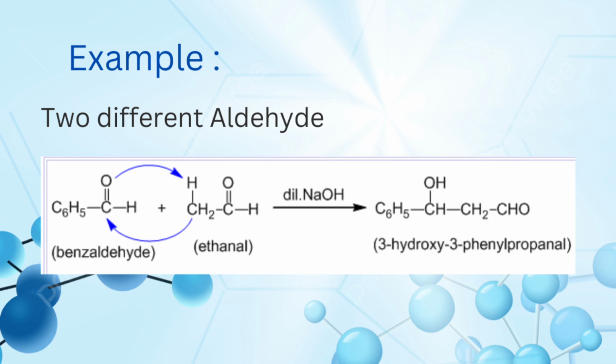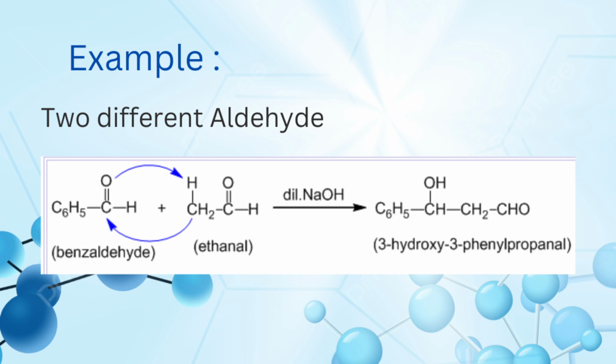So the first example is, we have taken two different aldehydes. That is, here we have taken benzaldehyde along with ethanal, that is acetaldehyde. In case of aldol condensation, it takes place between the same molecules of aldehyde.